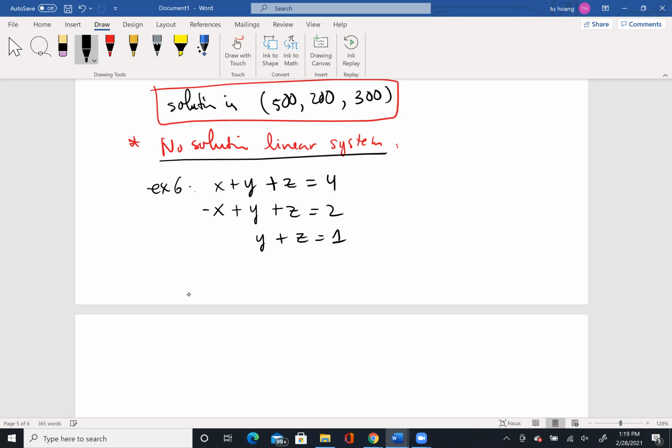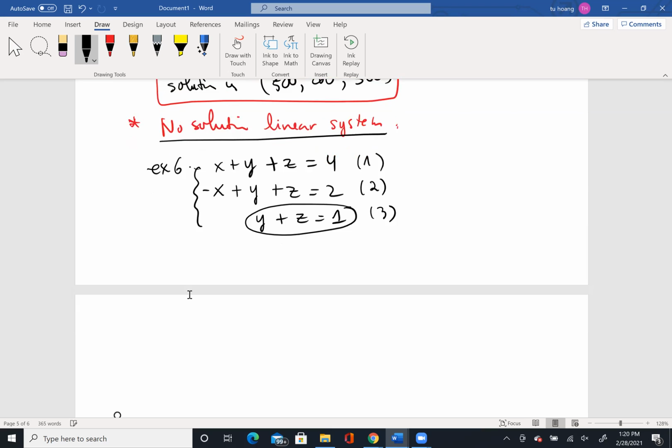Okay, so I want to solve this system. You should note that the third equation has already eliminated the x variable, so we're just going to eliminate x in the second one only.